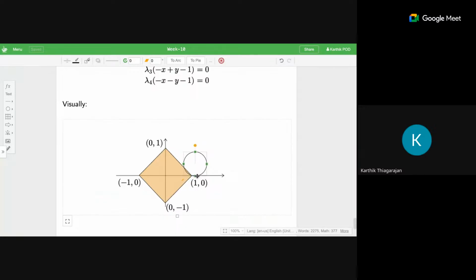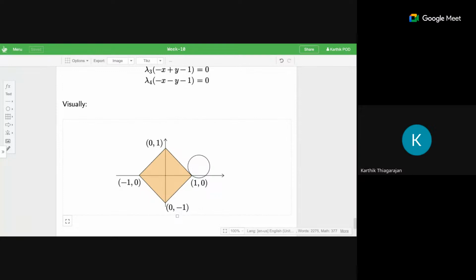So you're minimizing. I'm not drawing it correctly, but if you actually draw it correctly, one of the contours will exactly hit (1, 0). That's the first time it will hit the constrained region, and that point will correspond to the minimum of the primal problem.